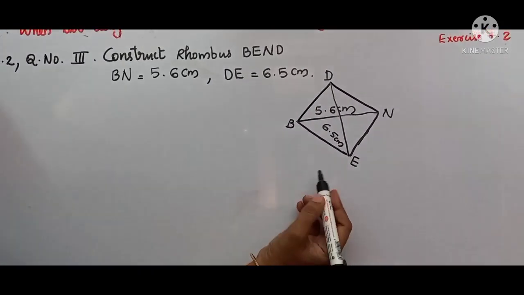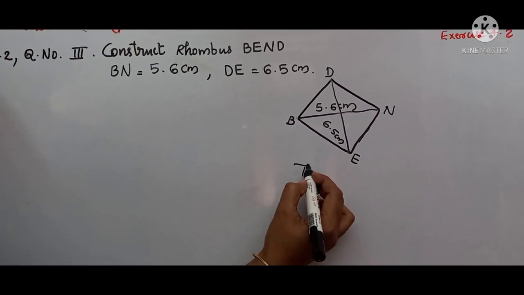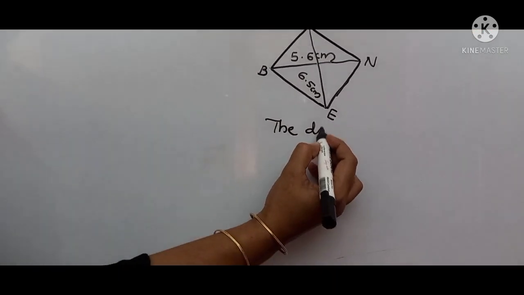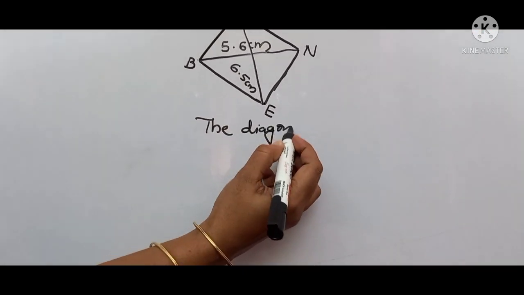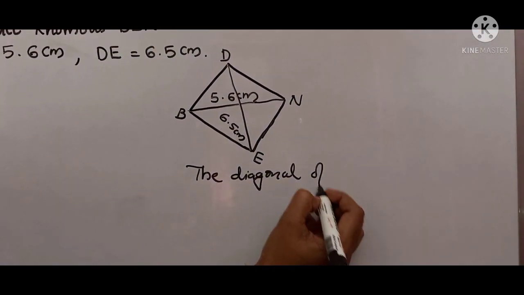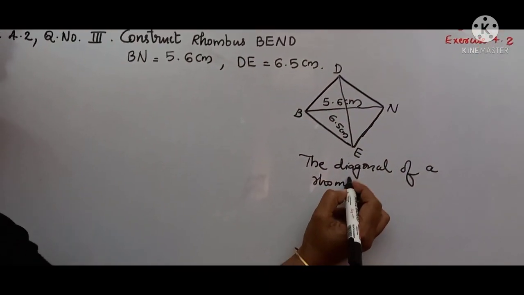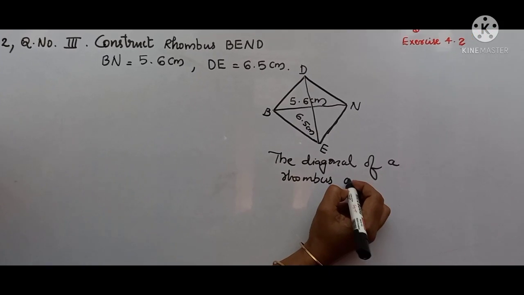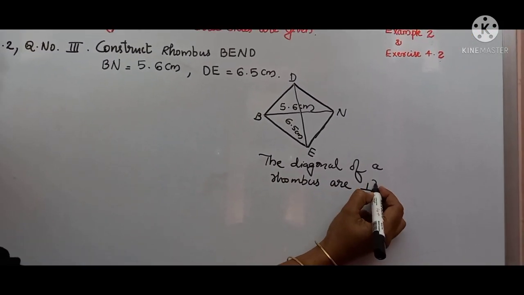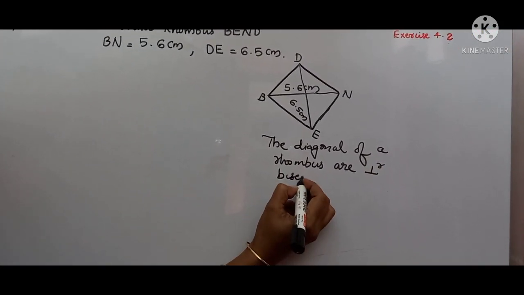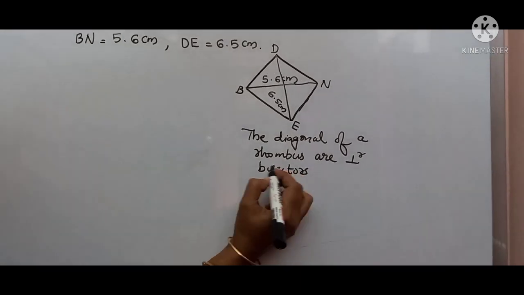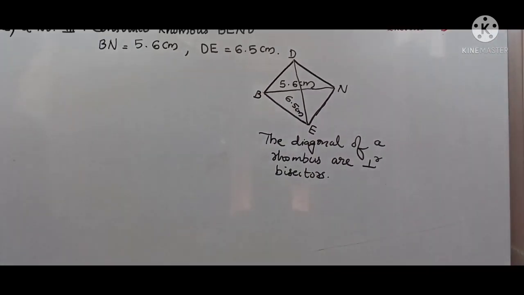We have to use that property. The diagonals of a rhombus are perpendicular bisectors. So we have to draw these two diagonals.